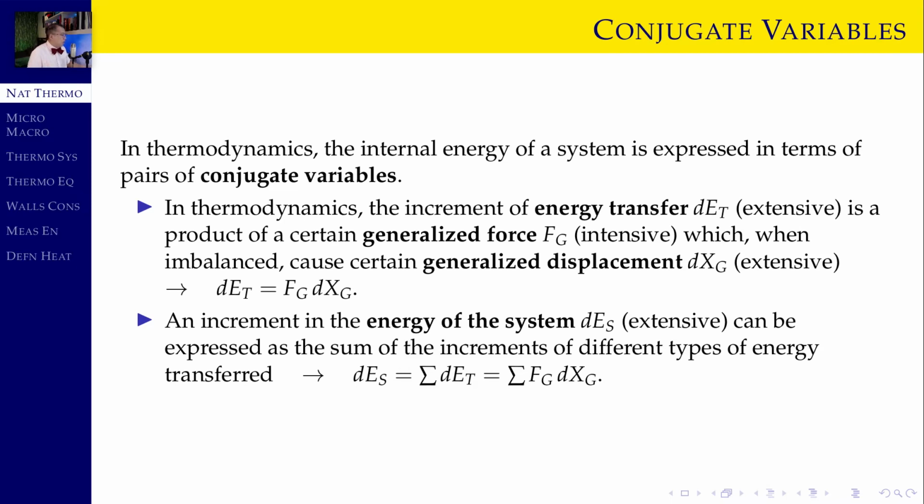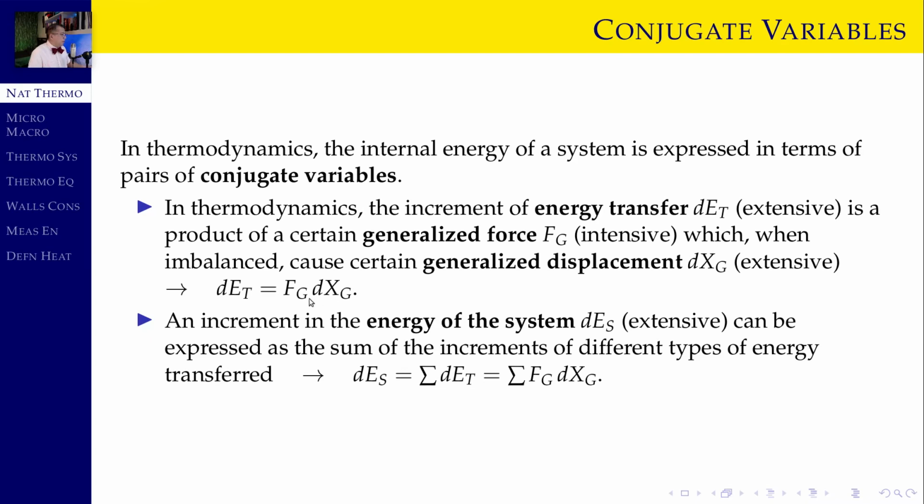In thermodynamics, the increment of energy transfer is a product of a certain generalized force, which, when imbalanced, causes a certain generalized displacement. Delta E is equal to F times dx, which is basically what we did a while ago. The force that the man placed times the amount of distance is equal to the amount of energy that he expended.